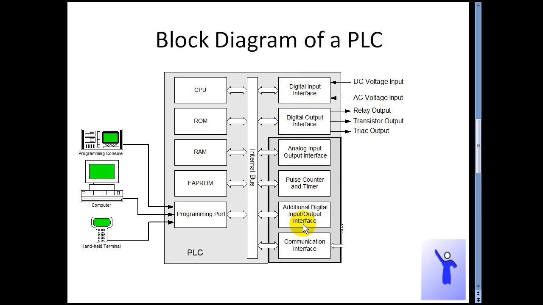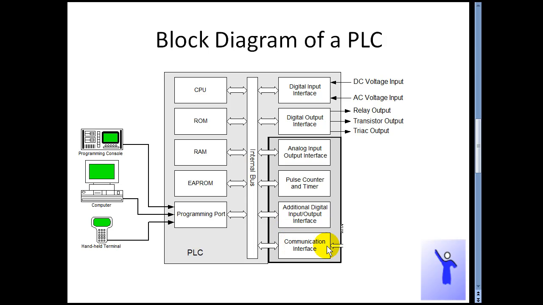And then we have additional digital input output interfaces which might mean things like high speed inputs or dedicated digital control systems which do specific things like controlling a servo motor or maybe specific devices. And then we have the communication interface.